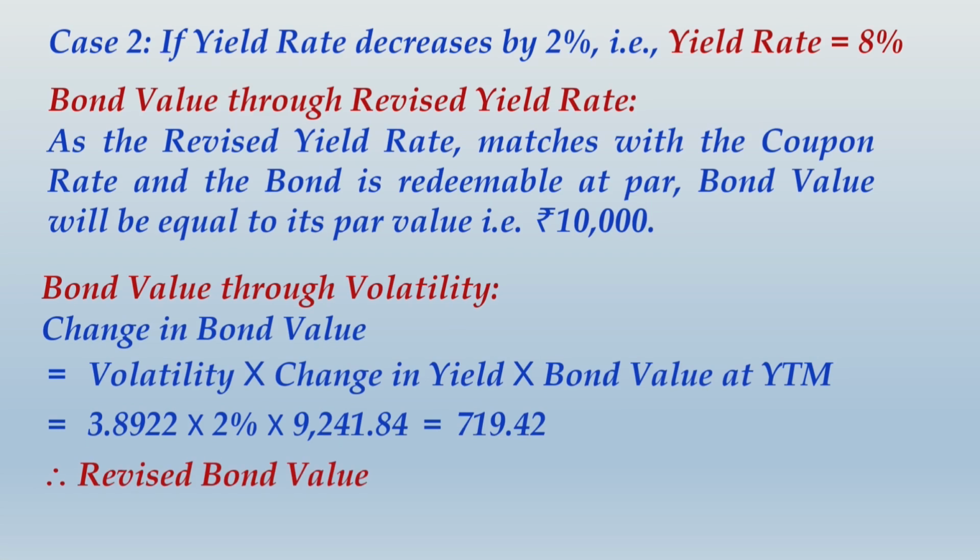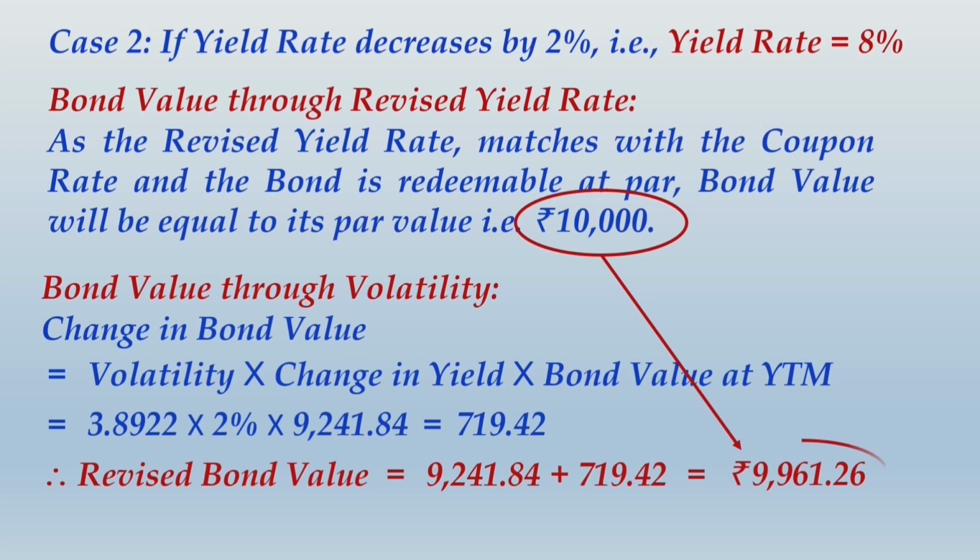Now the revised bond value over here will be increasing as compared to what it was earlier. So earlier value at the YTM was 9,241.84. To that you add 719.42, and what you get is 9,961.26. Now this is the approximation, this is the actual value. Look at one thing, there is a big gap between the actual value and the approximation.